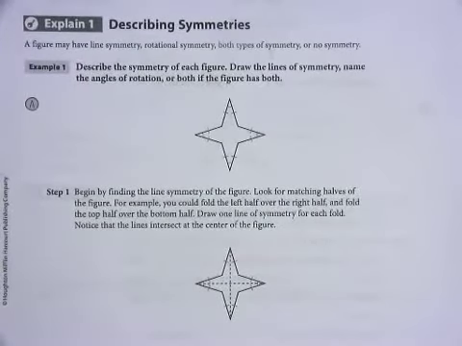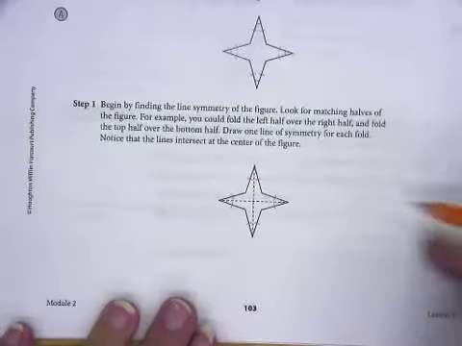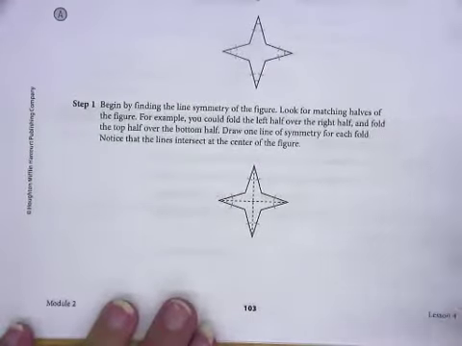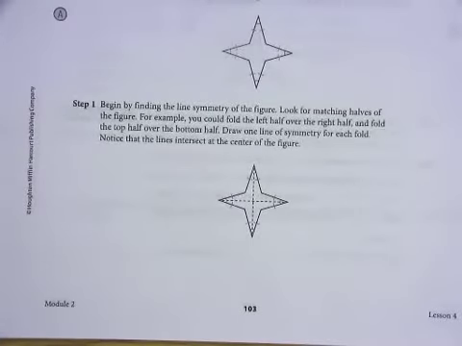Continuing, we're describing figures and their symmetries. In example 1, they're asking us to draw the lines of symmetry, name the angles of rotation, or both if the figure has both. So example 1, part A, they're talking you through it. It says, begin by finding the line symmetry in the figure. So look for matching halves.